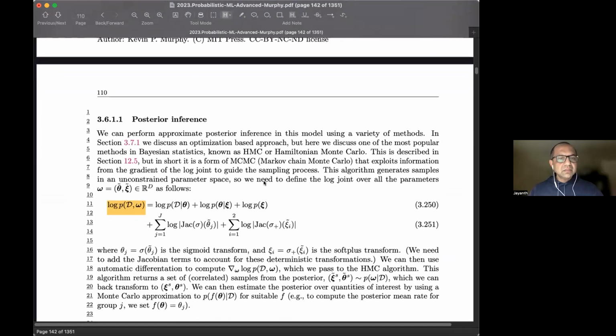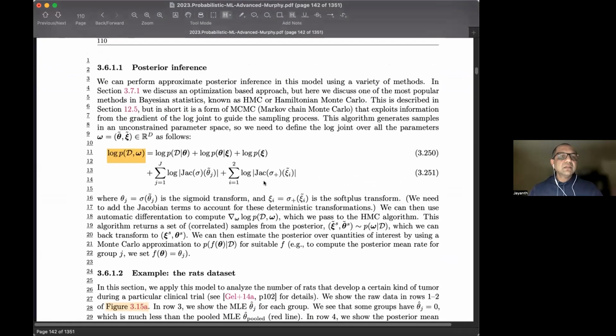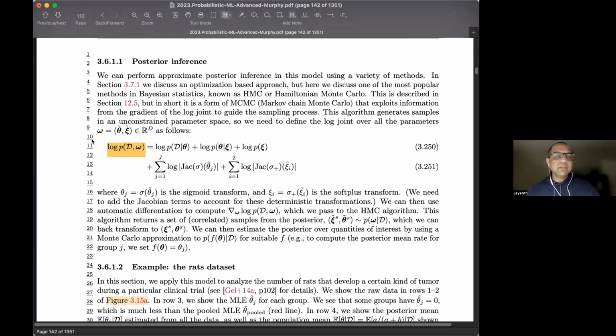So let's see. We talk about posterior inference given that model, and I didn't quite understand where these Jacobians come from. I'm not too familiar with HMC, but he provides this where he looks at the joint parameters, which is all of the thetas and the psi.